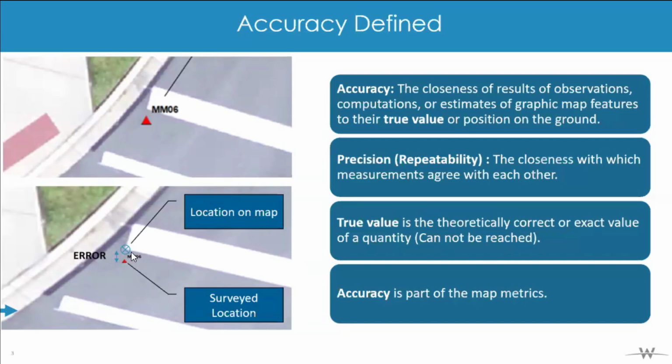So the difference between these two locations, obviously the surveyor surveyed the corner of that stop line, the white one, but our ortho is showing it a little bit off from the survey. The difference, that's the error we're talking about.